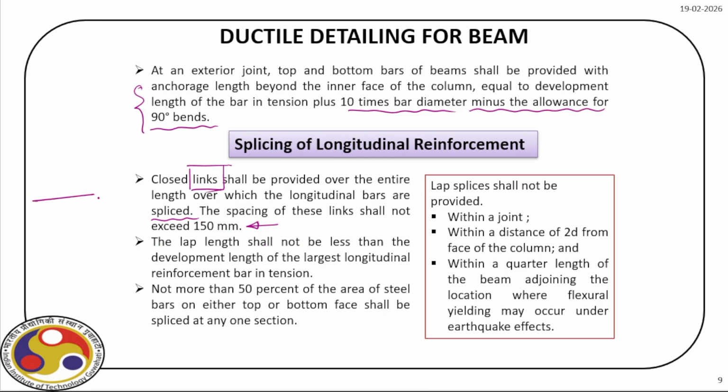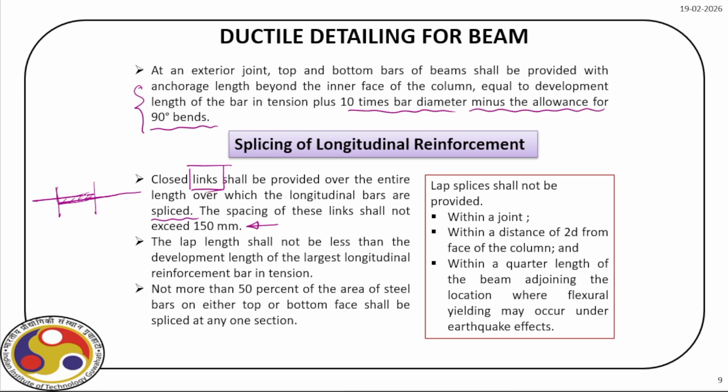Then the lap length. Recall, we have bars of a particular size. When we design a beam, it may so happen that we need to connect two bars. Then we provide the lap length. When one bar is placed side by side to another, the lap length shall not be less than the development length of the largest longitudinal bar.